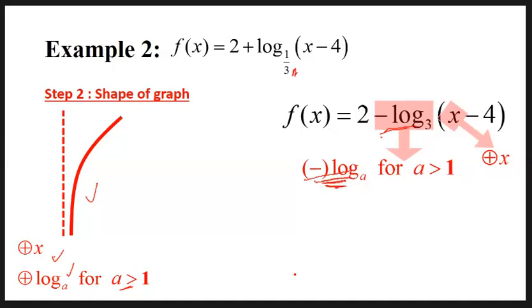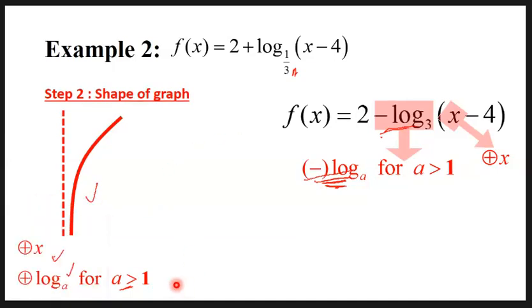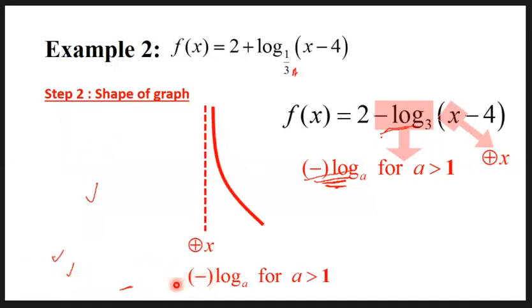From plus, we want to change to minus. So from plus log to minus log, what will happen is that we will have the graph flip vertically. As a result, this is how the shape looks for the graph that we want.